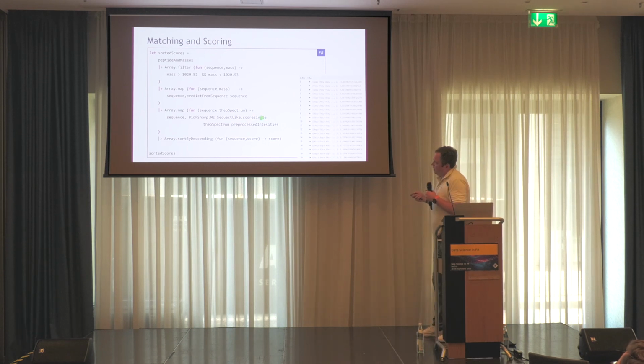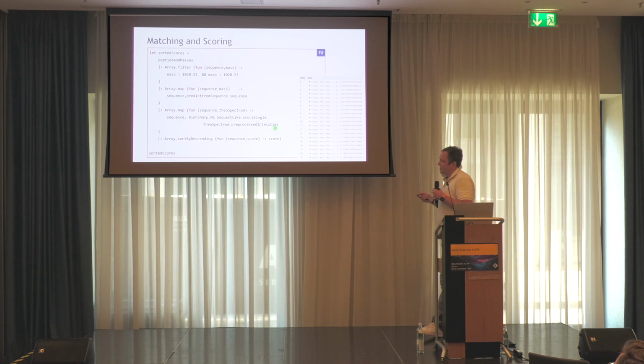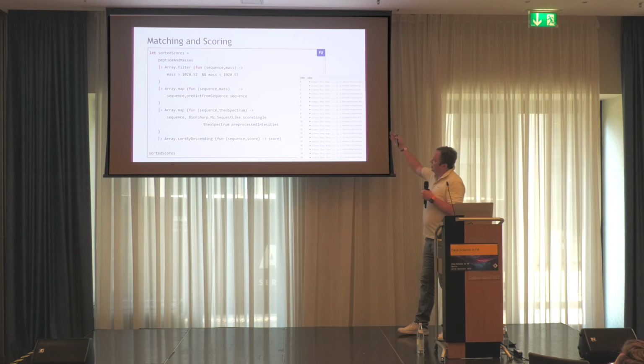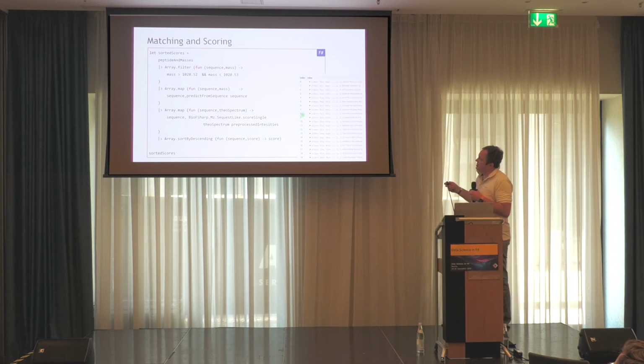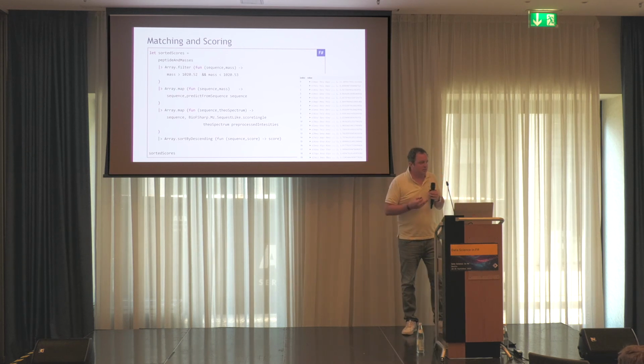And then we do this autocorrelation by sequence, scoring a single theoretical spectrum against the processed intensities. So we get this array here, and what we get is all the possible peptides which could match and their Sequest score. And what you see here, this one is 11.4 and the next one is 4.8. Because of this big difference, we can be quite confident that we identified the right peptide, right?